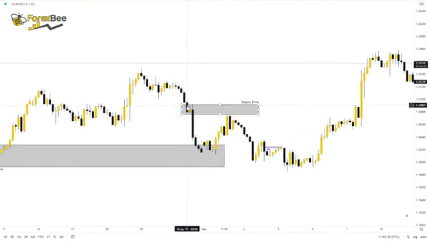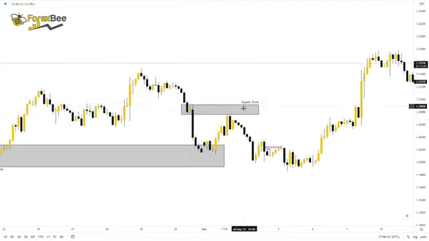So here you can see that a supply zone is created, and you can tell that this is a supply zone because there's a bearish candle, and then again one big bearish candle, and these two bearish candles are sandwiching one small base candle. It doesn't matter whether the base candle is bullish or bearish, but the body to wick ratio needs to be less than 50%, and there are two big candles sandwiching this base candle.